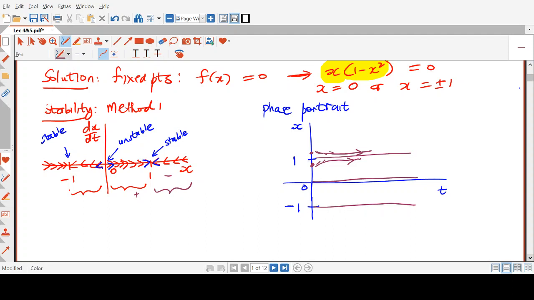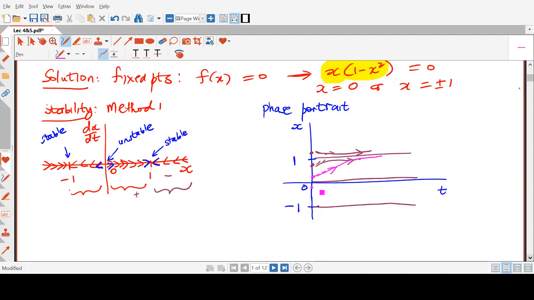Stop me anytime you want, because the thing can be a bit difficult at the beginning. But once you get the hang of it, it's quite easy to implement this. Now let's take 0. So you start off at slightly higher than 0 and slightly lower than 0. Let's start off at slightly higher than 0. On the right of 0, it's positive. So the slope will be like that. So this thing is going up that way. On the left of 0, it's negative.